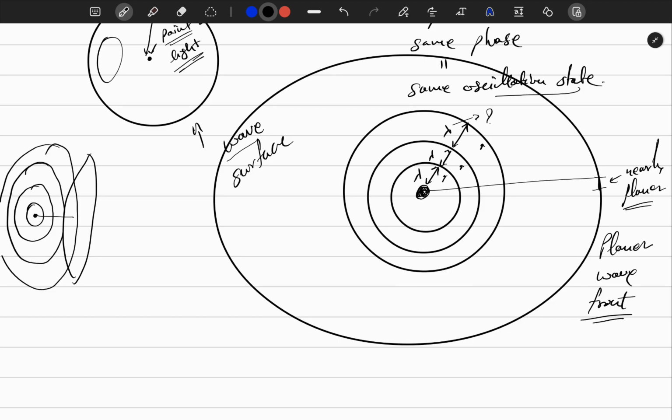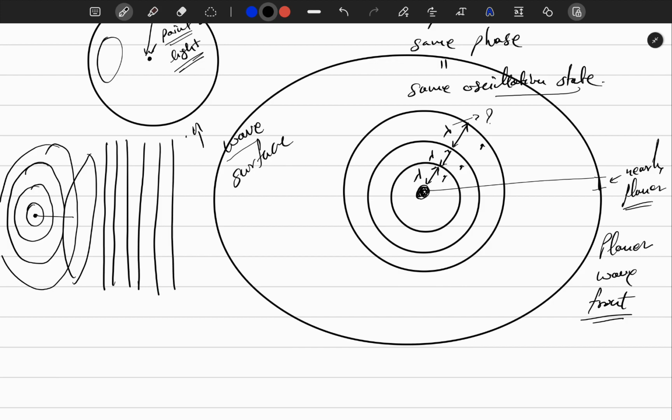But when passing through this lens, they will become planar wavefronts. So these are the planar wavefronts.